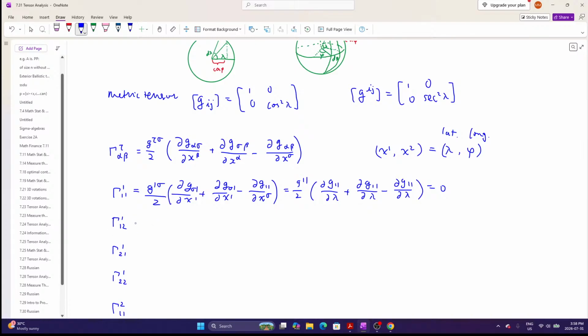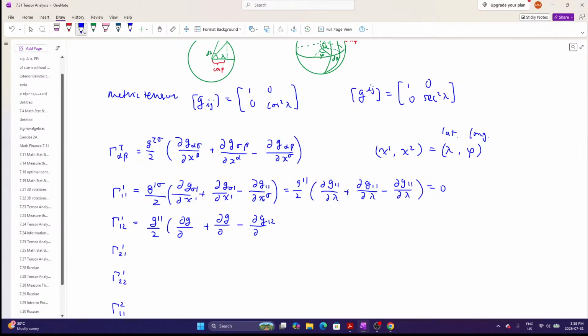At this point, we can just be lazy and write g11 over 2 times dg over d something plus dg over d something, minus dg over d something. Once again you just need g11; g12 wouldn't be needed. Do this again for 1, 2: the only summation index that gives a non-zero contribution is 1.